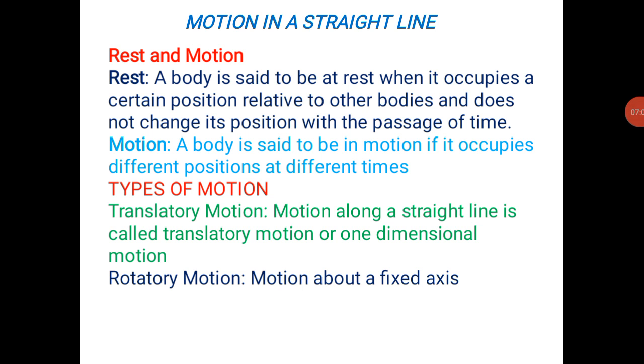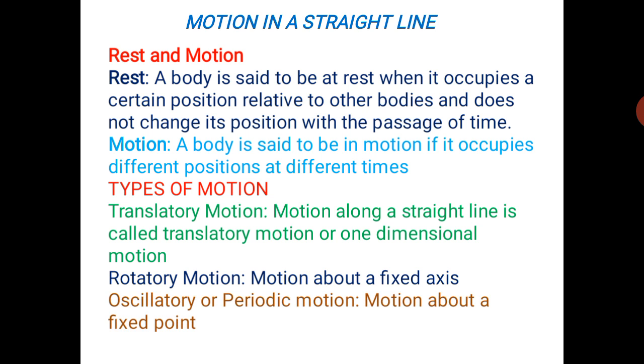Okay. Now one more, oscillatory or periodic motion. Motion about a fixed point is called oscillatory motion or periodic motion. For example, you take one simple pendulum. Simple pendulum means a massive object which is suspended with the help of a thread.